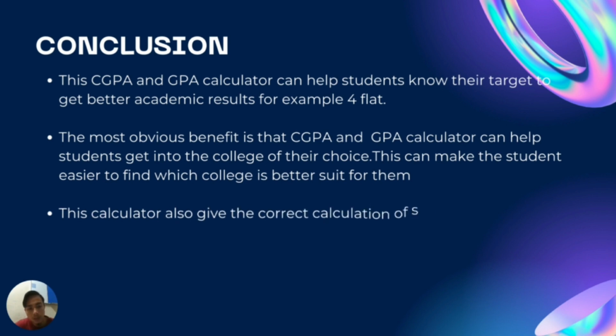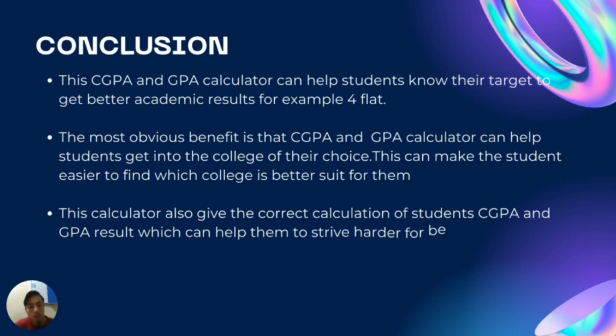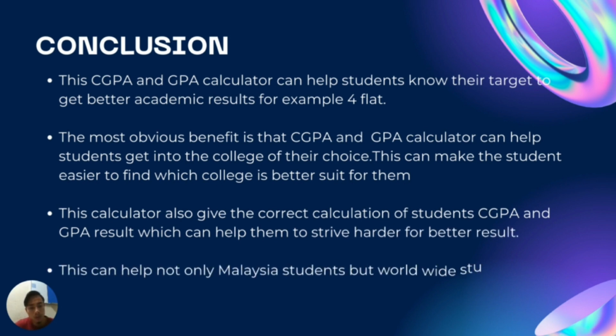This can make it easier for students to find which college is better suited for them. This calculator also gives the correct calculation of students' CGPA and GPA result, which can help them to strive harder for better results. This can help not only Malaysian students but worldwide students in order to calculate their own CGPA or GPA.